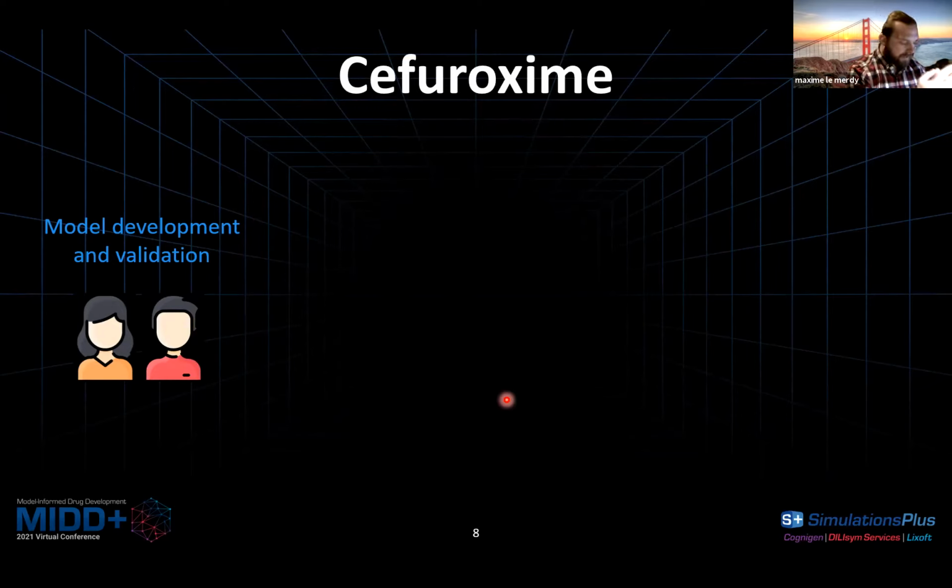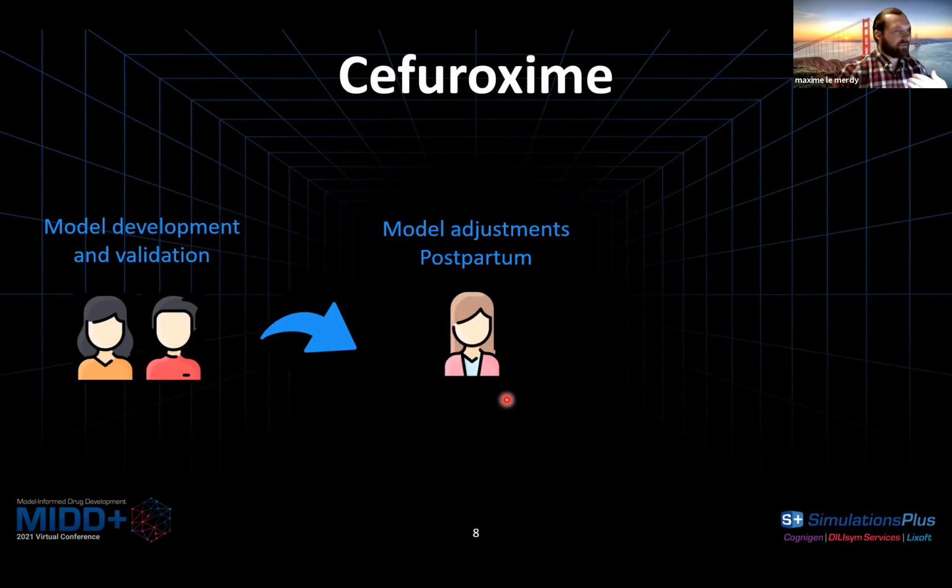Once we had that baseline PBPK model validated, we could then try to simulate the PK in the postpartum data. So postpartum defines the time after the pregnancy, the few months after the pregnancy. And in that case, we had some data available in a postpartum population, so we could see whether or not we could simulate those data or if any model adjustments had to be made.